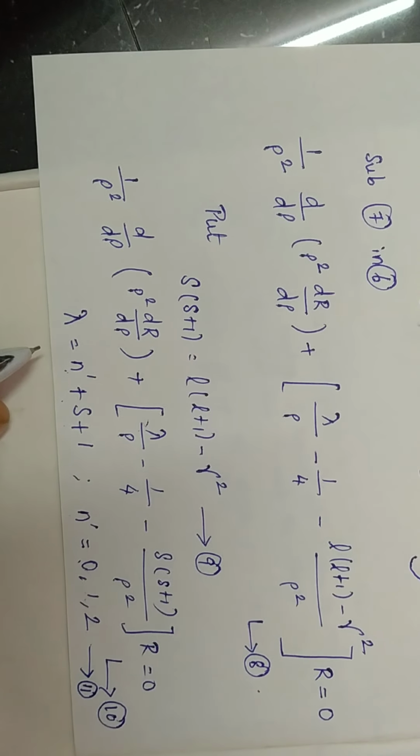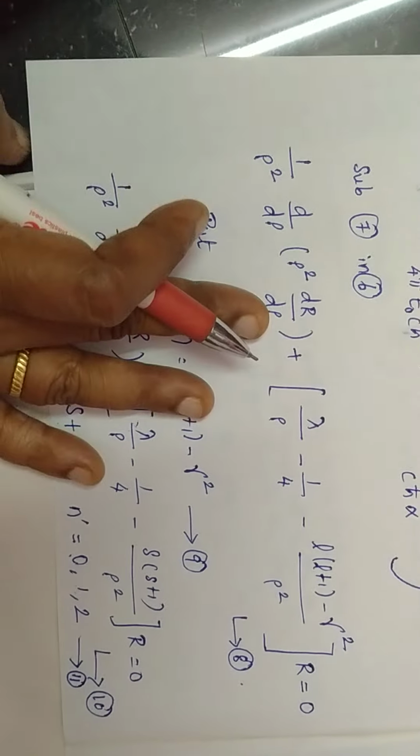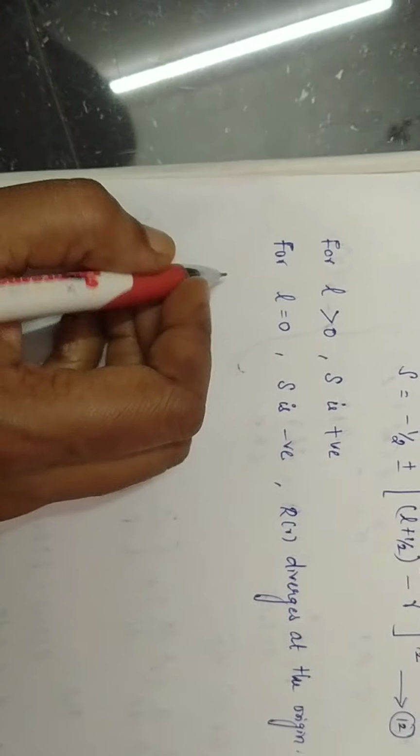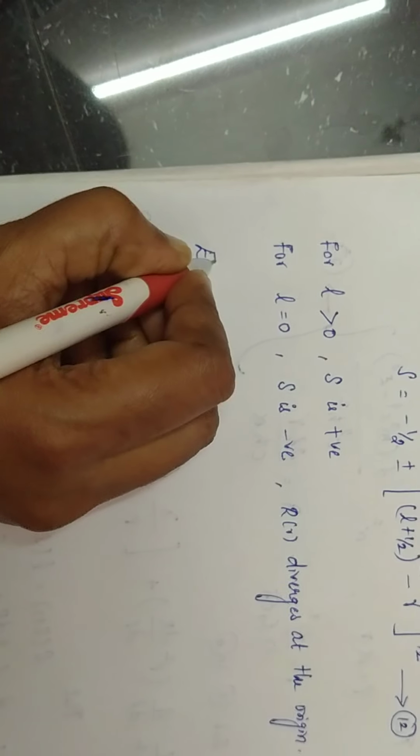If we are getting an expression in binomial series, the energy expression can also be written in binomial series form. So how do we write the energy expression in binomial series?